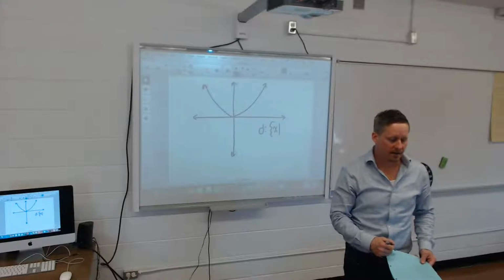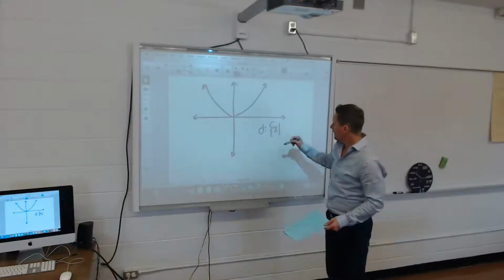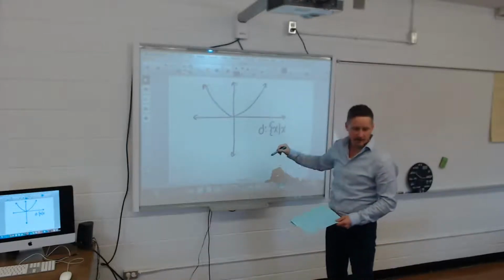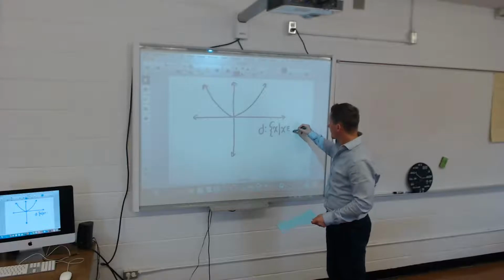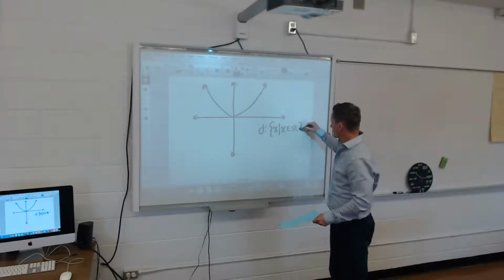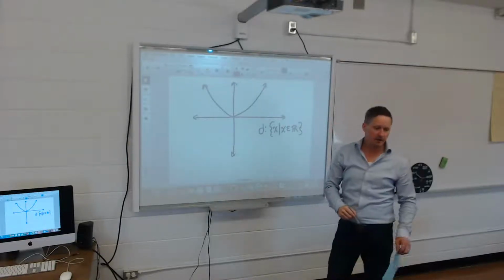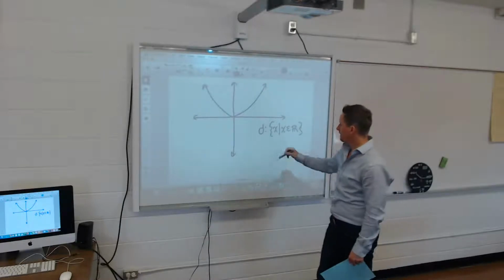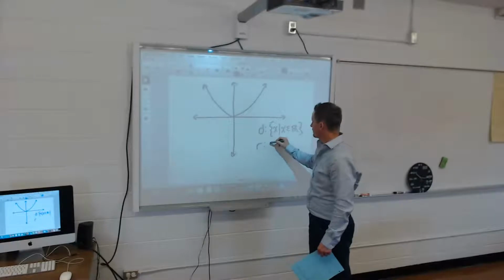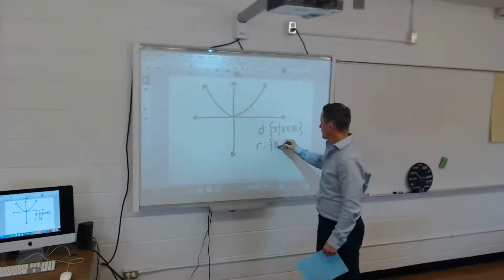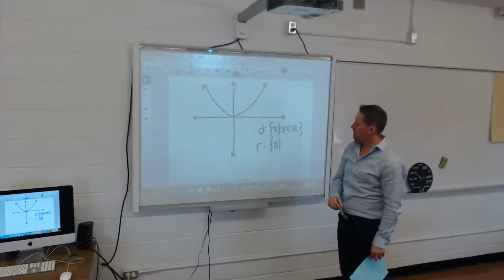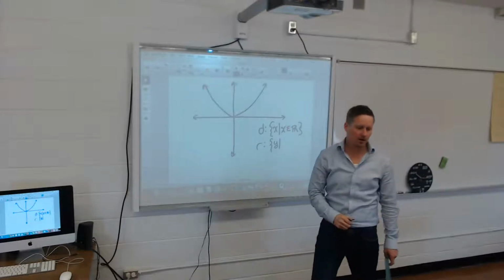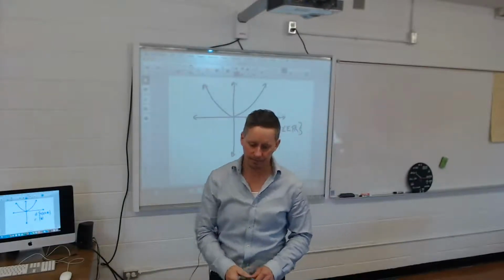So how do I write that in mathematical terms? X is an element of the reals. So there's my domain for it. Okay? And the range, how do you think I write the range here? Where do all my y values occur?